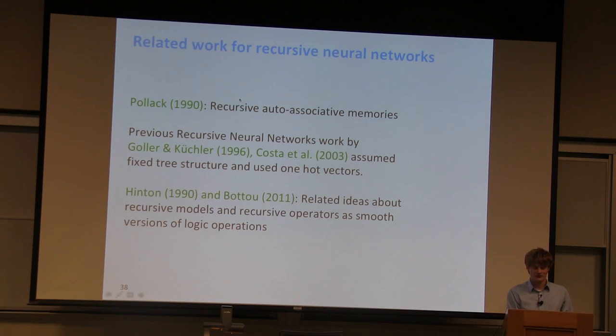And then, of course, whenever you do something in deep learning, Jeff Hinton will have had some similar idea in the early 90s. So lots of folks have tried this, and there are some cases where recursion makes even more sense. For instance, in programming languages, you try to understand that this part modifies that exact region.